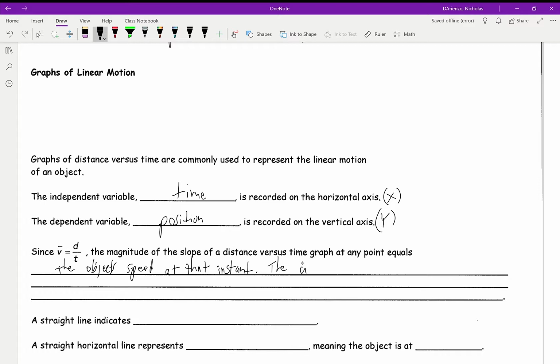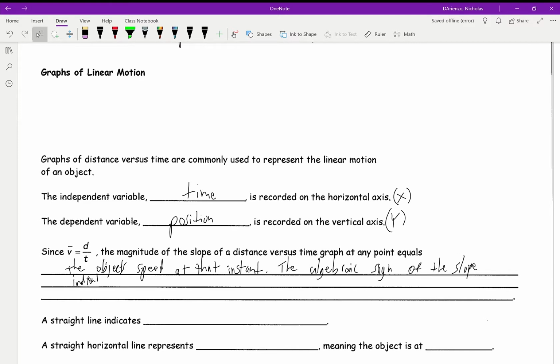And the algebraic sign of the slope is going to indicate whether the velocity is in the positive or negative direction.